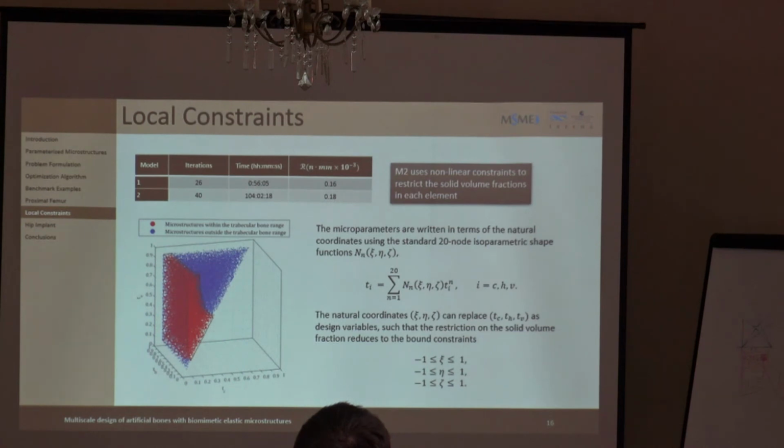Here what we are doing is to find a hexahedron that encompasses the microstructures that we want to use, that are in the solid volume fraction that we are interested in. As I said, we replace the design variables with these natural coordinates of the hexahedron. And this allows us to get rid of the nonlinear constraints and use only bound constraints on these natural coordinates.